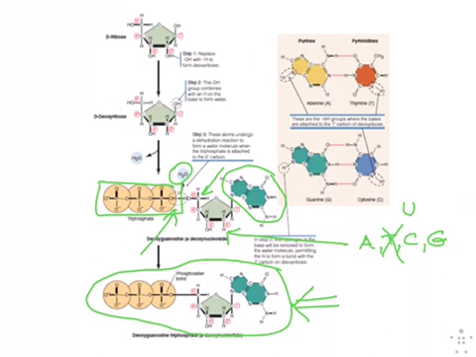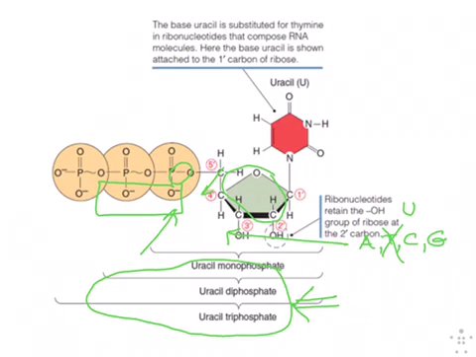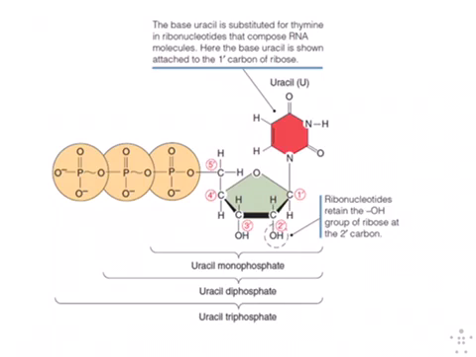Let's move to the next image in your book. The next image in your book should look something like this, okay? And you can see this one has an oxygen, a hydroxyl group on the second carbon, so I know this must be an RNA nucleotide, okay?